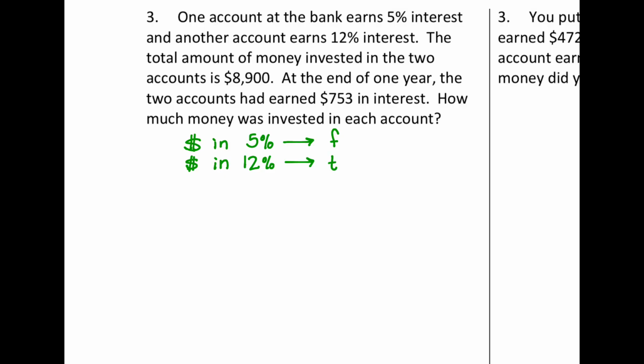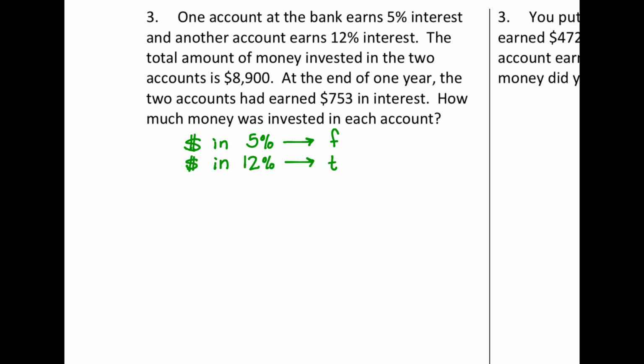Be really careful that you don't make your T like a plus sign. You might want to do a capital T. You might want to use an X and a Y. Here are my two equations.